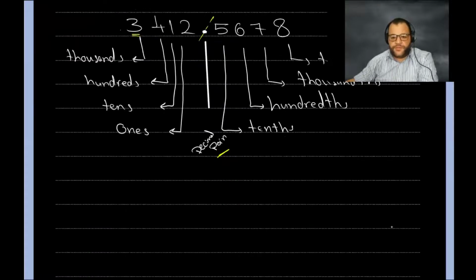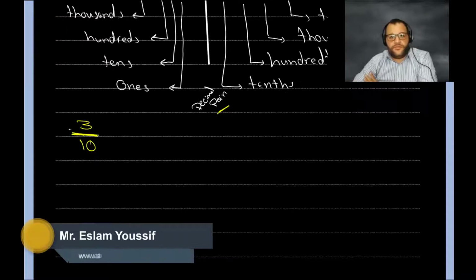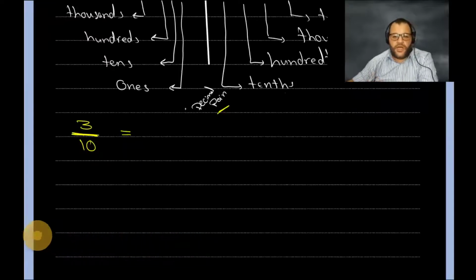Just 1 minute. If I need to write this number, 3 over 10, how can I write this number as a decimal? If you know the answer, please raise your hand. Walid, how can I write this number as a decimal?